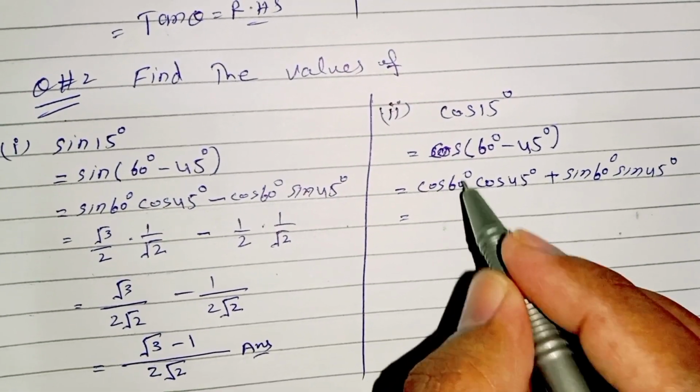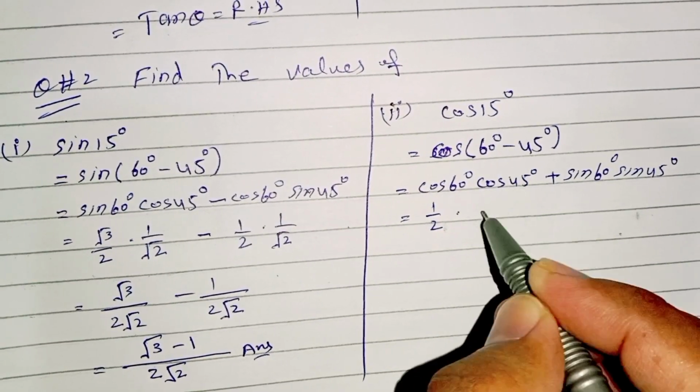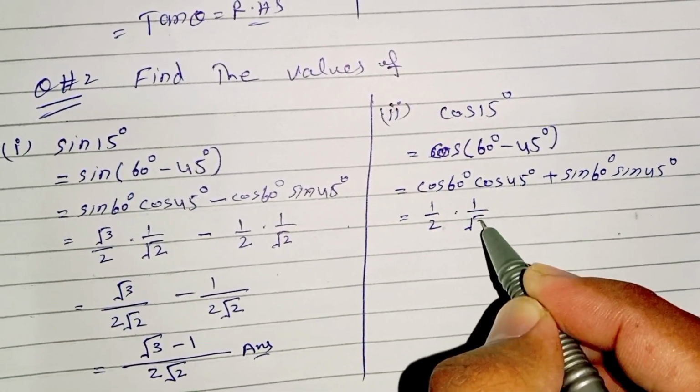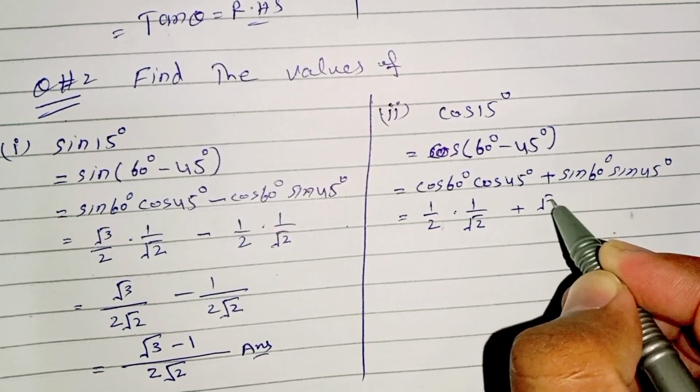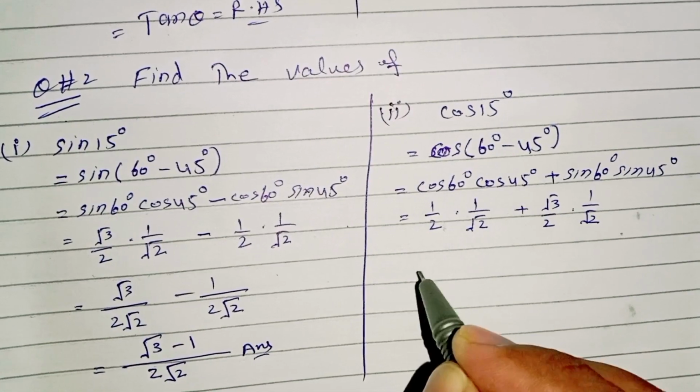We have cos 60 degree 1 by 2 and the value of cos 45 degree 1 over square root 2, plus square root 3 over 2 multiplied by 1 over square root 2.